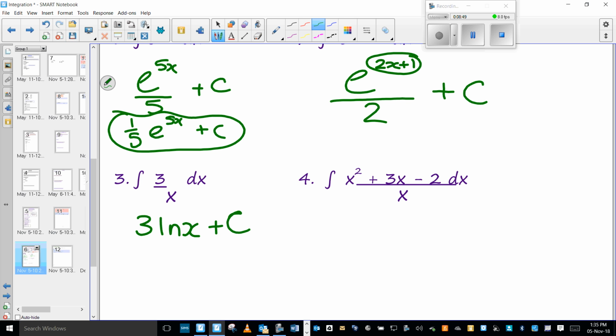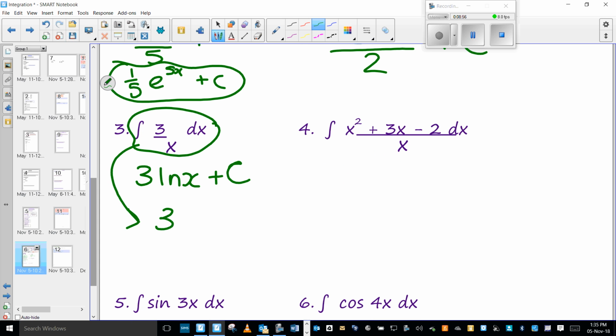Now, just thinking about it, it may help to consider 3 over x as 3 lots of 1 over x. Does that make things easier? Let me explain why I think it might become easier.